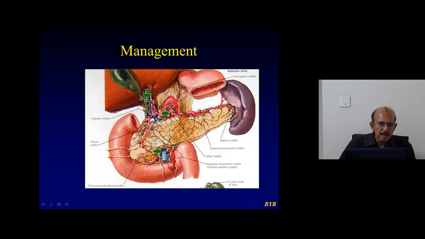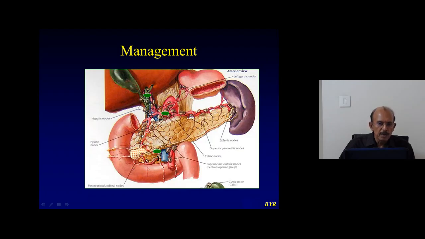So this pancreas head and neck you want to remove. Along with that, you want to remove the lymphatics and tissues all around these blood vessels, so that the lymphatics also come away with it. When you ligate the superior and inferior pancreaticoduodenal arteries, the duodenum also becomes avascular.